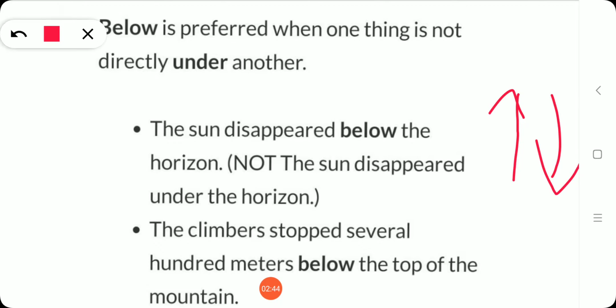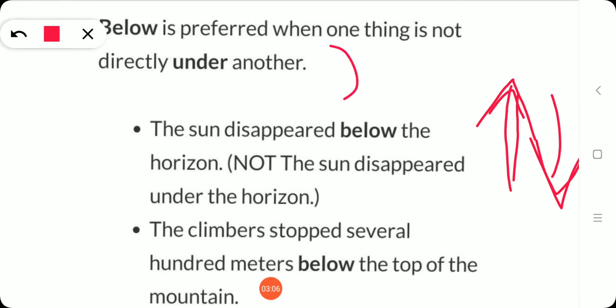So below is preferred when one thing is not directly under another.